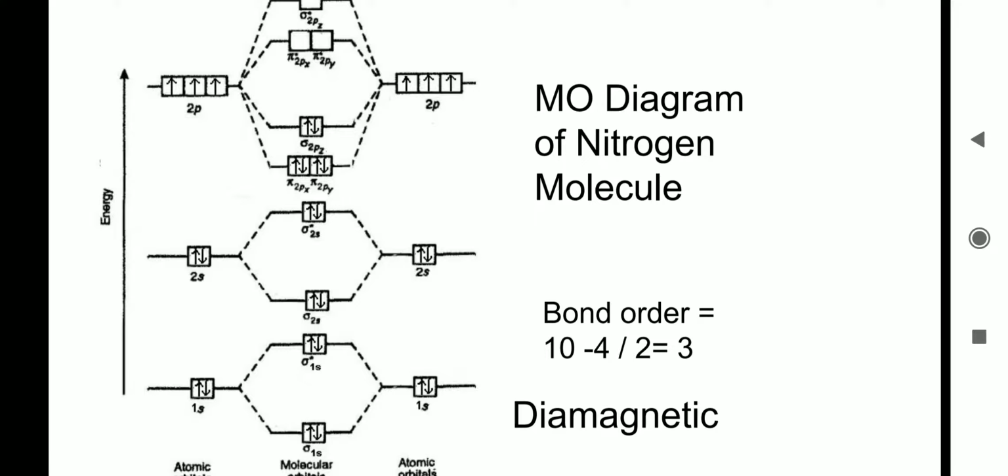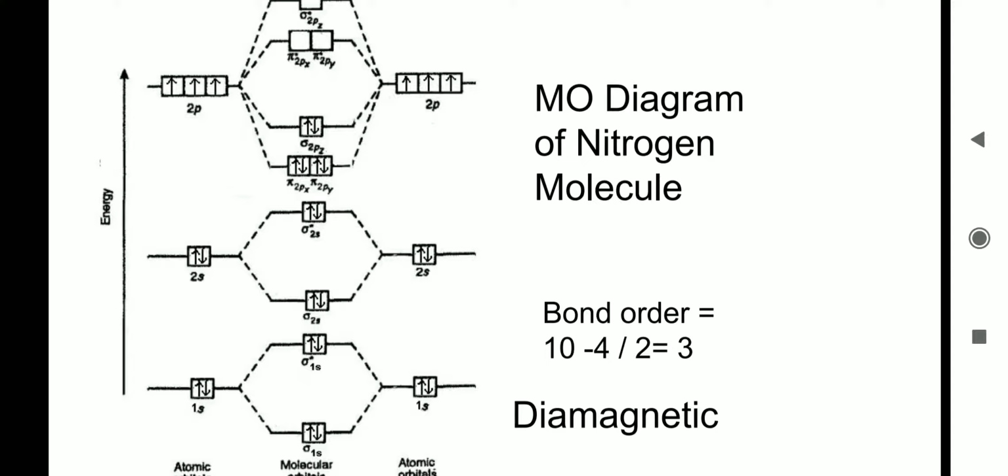Now this nitrogen molecule is formed by the combination of 2 nitrogen atoms. A nitrogen atom has atomic number 7 and its electronic configuration is 1s2, 2s2 and 2p3. 2 nitrogen atoms overlap to form the nitrogen molecule, and a total of 14 electrons have to be filled in the molecular orbitals of nitrogen. We'll start the filling from sigma 1s and go up to the sigma 2pz orbital. So up to sigma 2pz, 14 electrons will be filled.